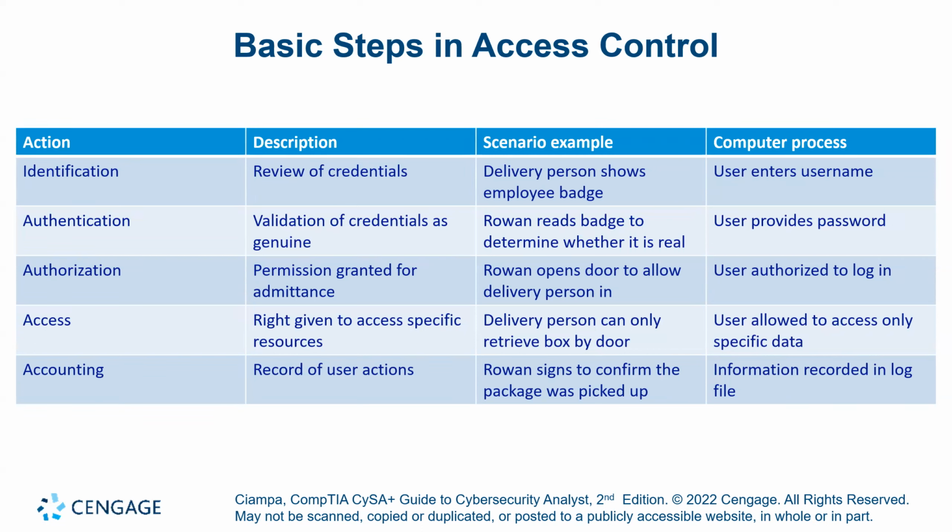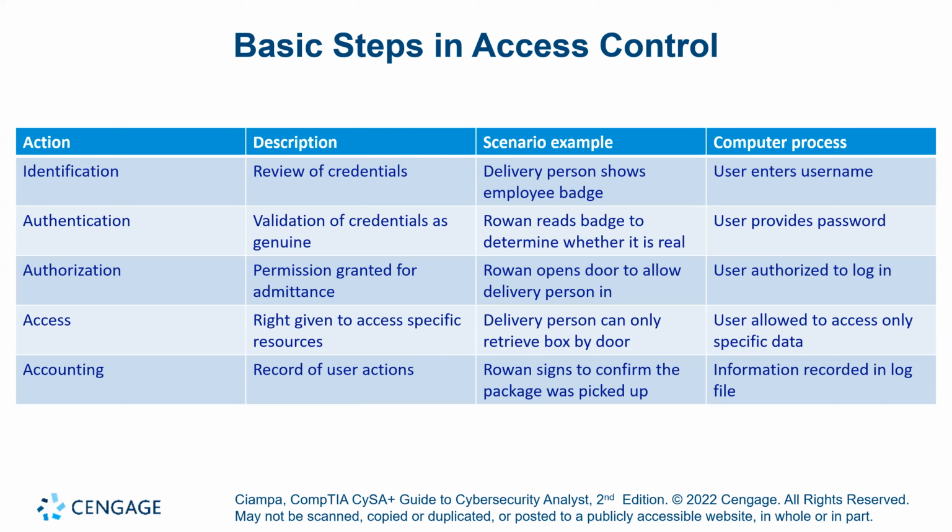So identification. Review of credentials. Delivery person shows employee badge. User enters username. Authentication. Validation of credentials as genuine. Rowan reads badge to determine whether it is real. User provides password. Authorization. Permission granted for admittance.